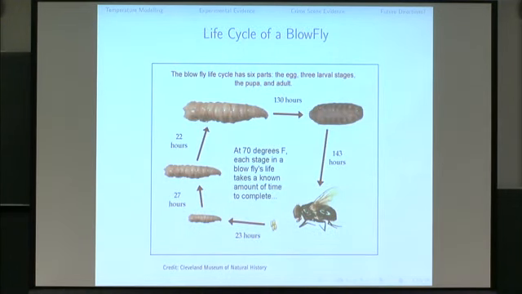So most of the work we're going to look at is for blowflies, although I'll talk about multi-species stuff very briefly at the end. The idea is that for a particular constant temperature, blowflies behave very regularly.